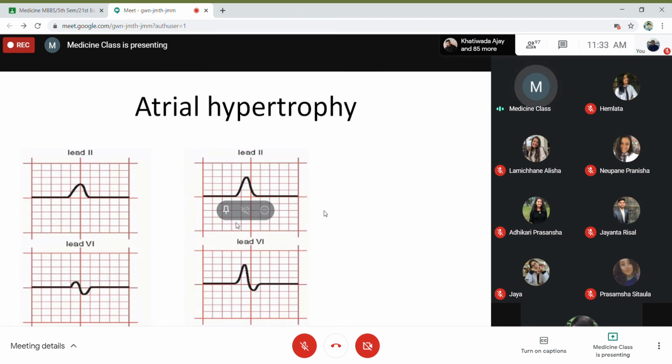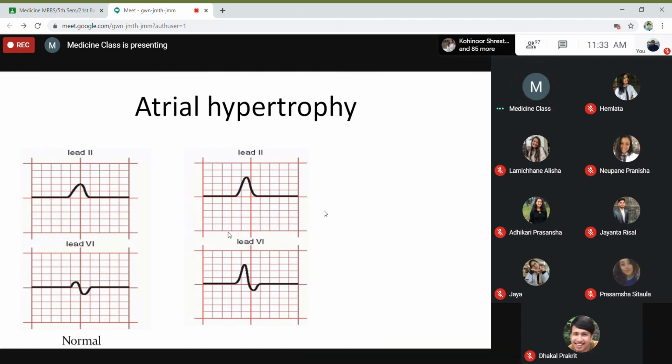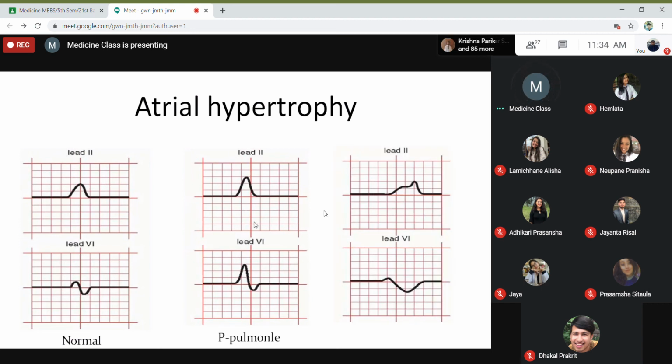If the patient has left atrial or right atrial hypertrophy, then we can see a notch and broadening of the P wave, somewhat M-shaped.